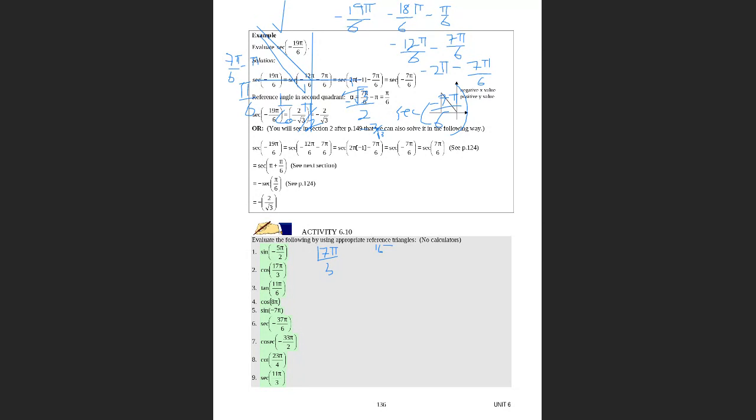If I use 16 pi over 3 plus pi over 3, it won't get me anywhere. Have you seen that? It won't get me anywhere. So I need to try something else.